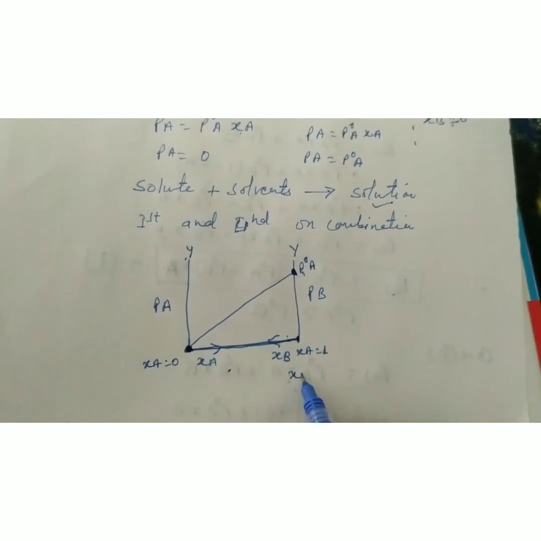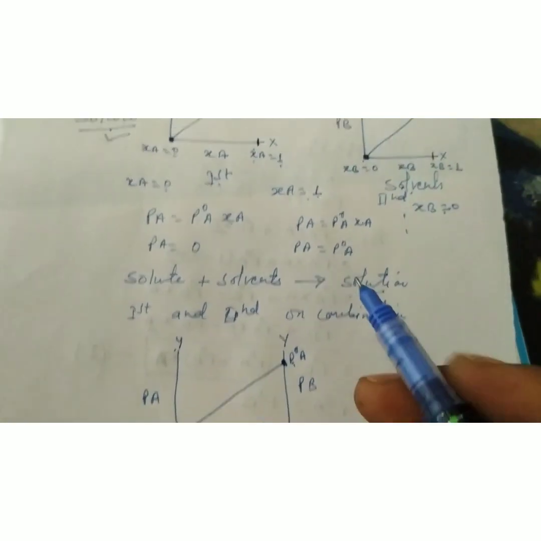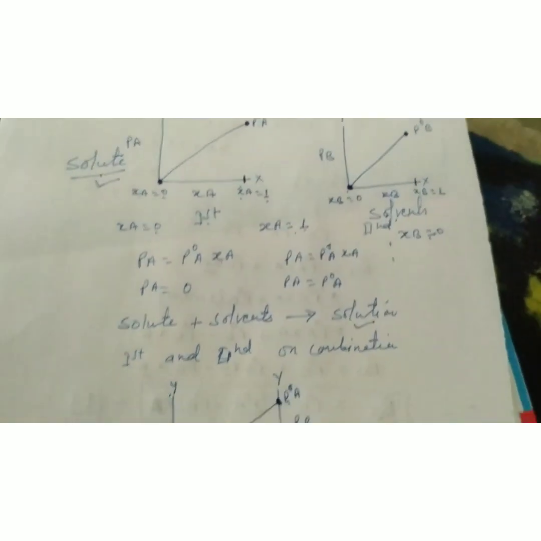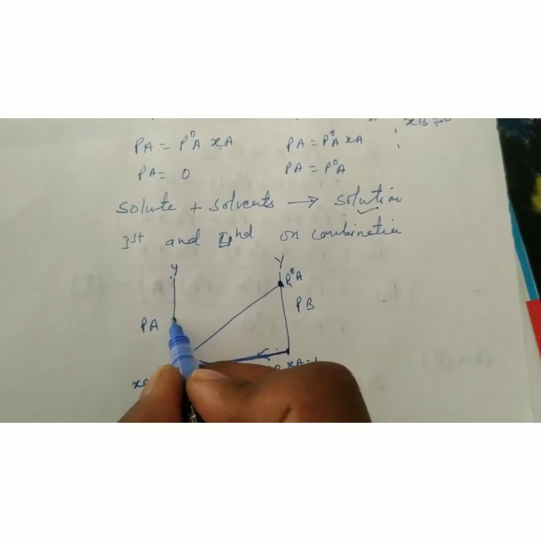Similarly for XB, when XB equals 1, here is the point P naught B.